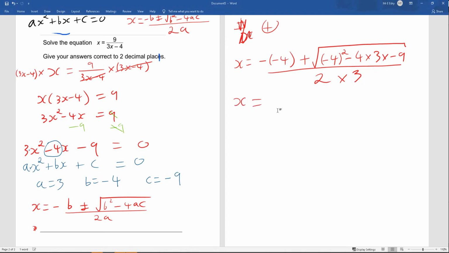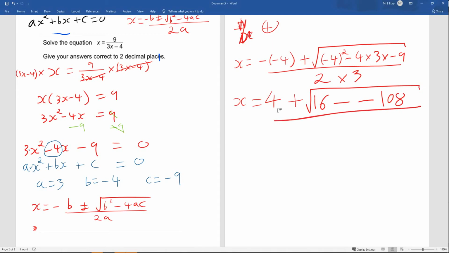So we're going to have minus 4, that's really minus 1 times minus 4, which is just 4, plus, because we're doing the plus version first, square root of 16, take away 4 times 3 is 12, times 9 is 108, minus 108 is the result there, all over 2 times 3, which is 6.